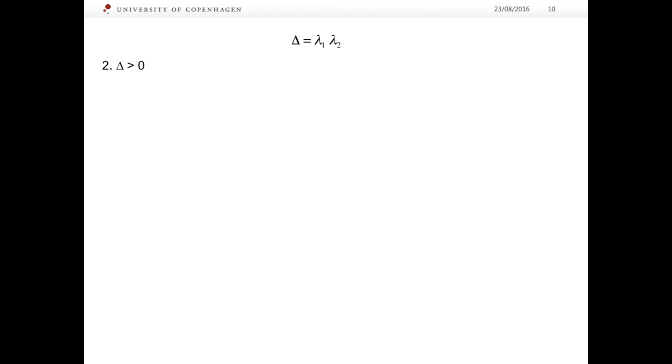Now consider the second possibility for the determinant. Suppose the determinant is now positive. Given that it is the product of two eigenvalues, lambda 1 and lambda 2, we can have two cases. First of all, the eigenvalues can be real, and if so, they can be either both positive or both negative, so they must have the same sign.